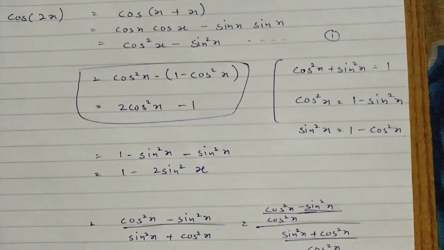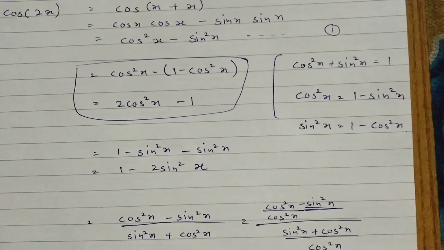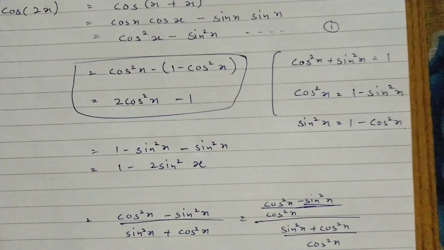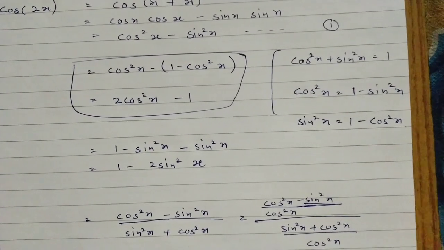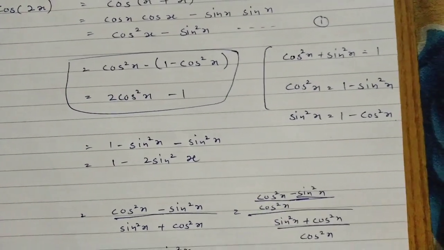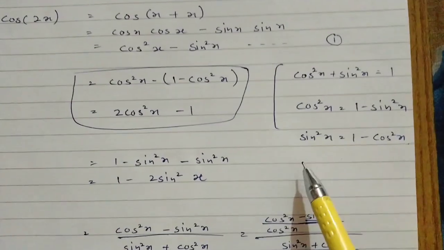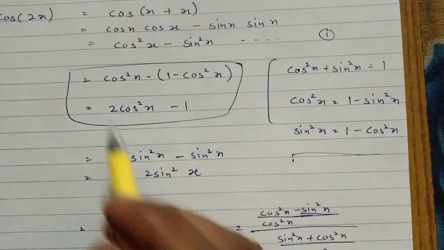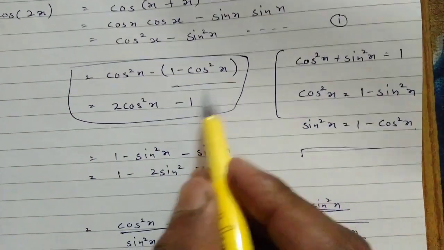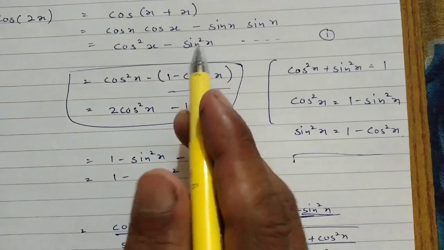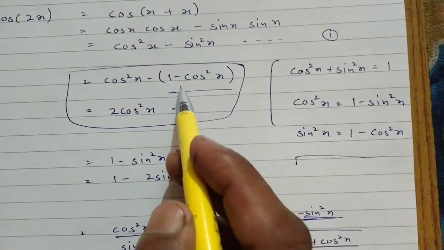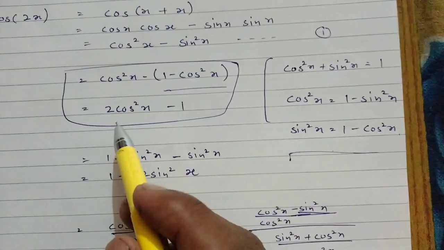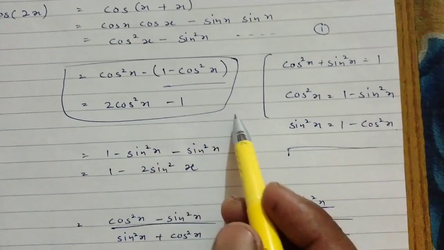So first we know that cos square x plus sin square x is equal to 1. So from here sin square x is equal to 1 minus cos square x, and this one we put in here. So here sin square x is 1 minus cos square x, so it becomes 2 cos square x minus 1.